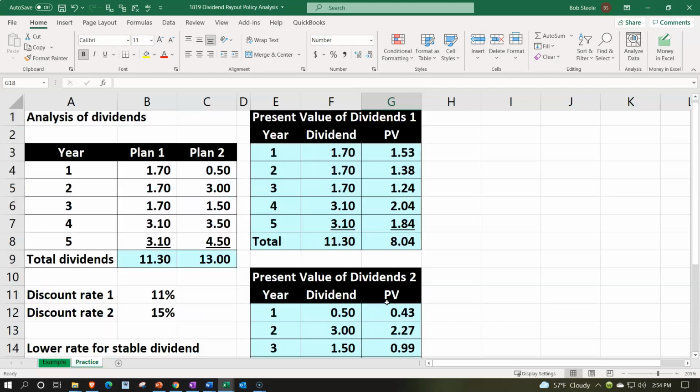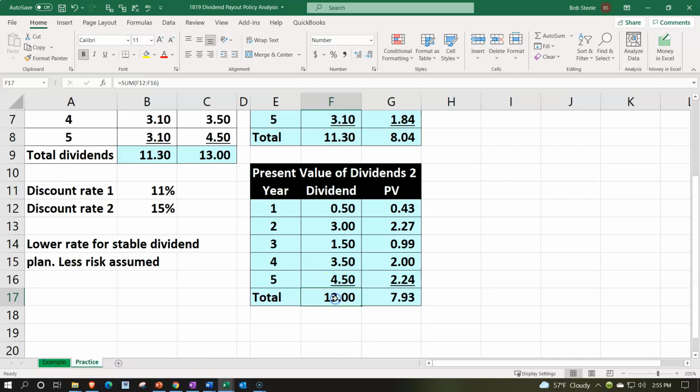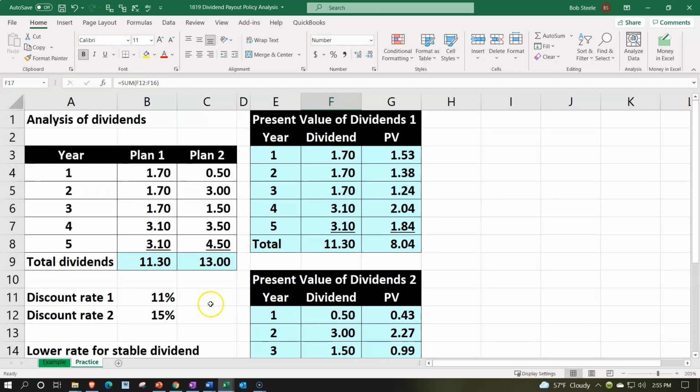So you can see here that you could end up with a scenario like this where the stockholders of the market might prefer the first series of dividends, even though we have a lower total dividends over the 5 years from a dollar standpoint, due to the fact that the increased risk might result in people basically applying a higher discount rate to the second, more volatile plan.